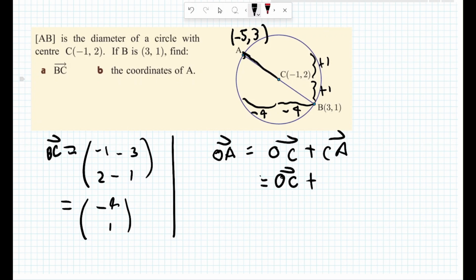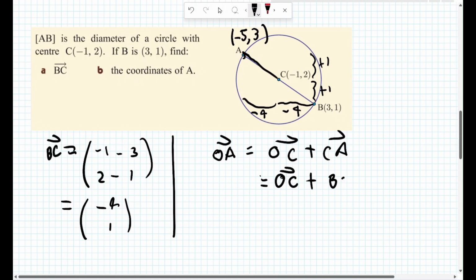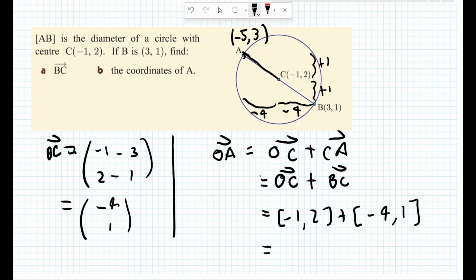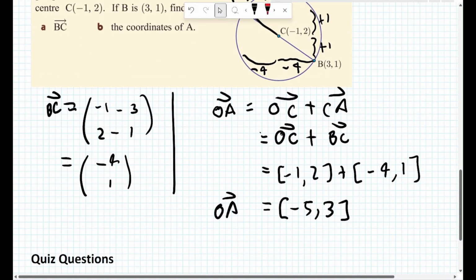That vector C to A is literally the same vector as B to C. O to C is (-1, 2), and then B to C is the vector we found before, (-4, 1). And then that's going to give you (-5, 3), just like how we thought it was. That's OA, so the coordinates of A are (-5, 3).